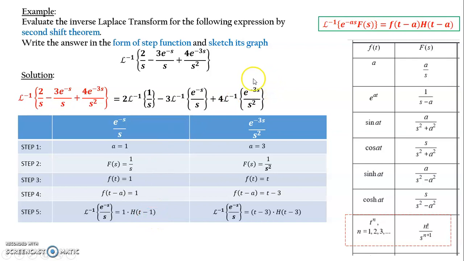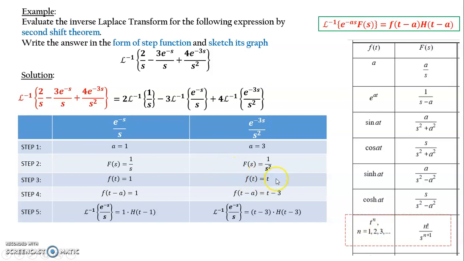Okay, so we go to the next function. Here you have e^(-3s) over s squared. In this function, a is equal to 3, right? So F(s) is equal to 1 over s squared. Then you need to evaluate the inverse Laplace transform of this in order to get f(t). You refer to the table: for 1 over s squared, n is equal to 2, minus 1, so you have t, right?